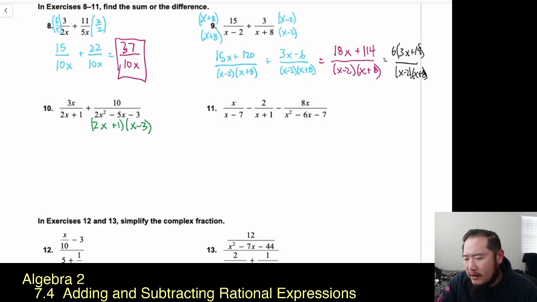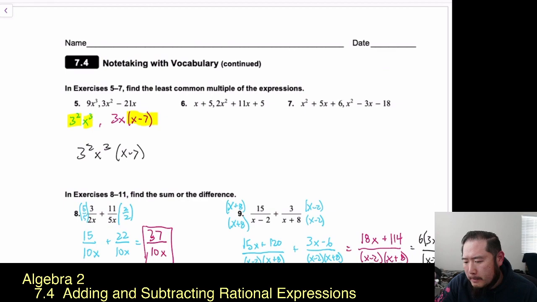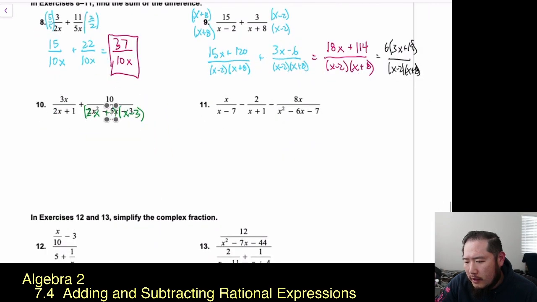And so when I take a look at the denominators right here, I put it over right there. Go ahead and go back over here.